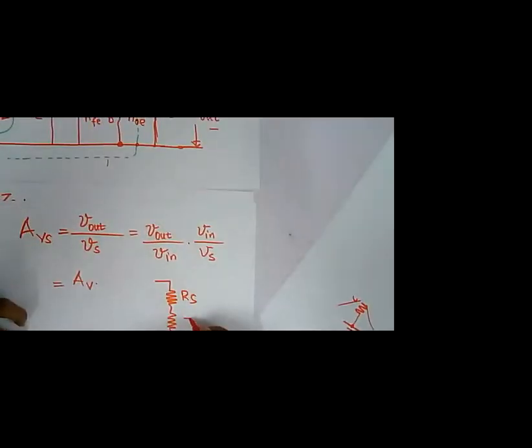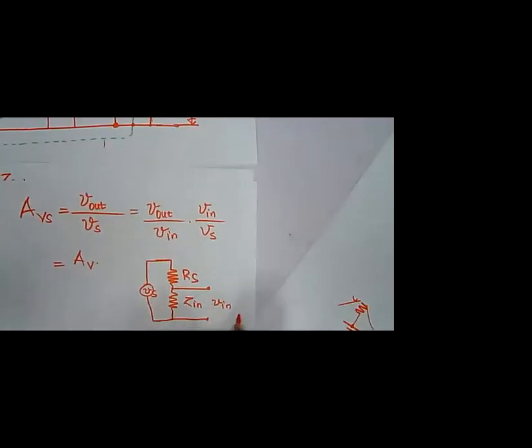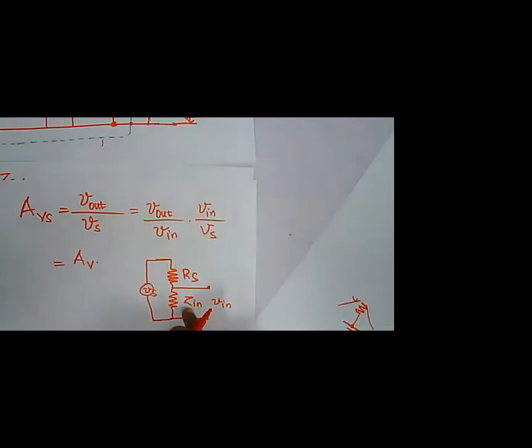So this will be Z in, and then I connect it to Vs, right? So this becomes again a simple potential divider. This is my V in, right?